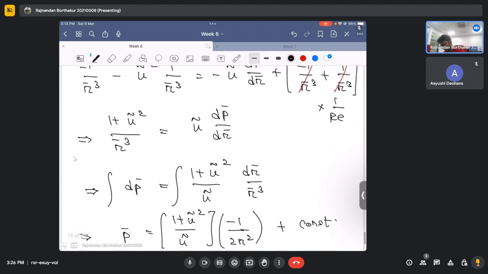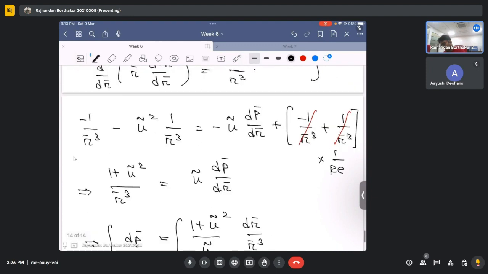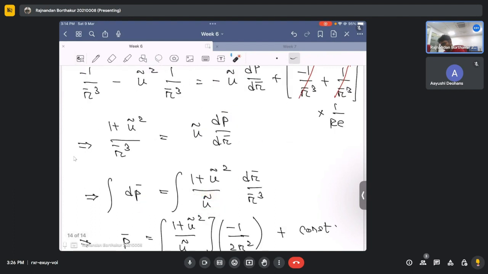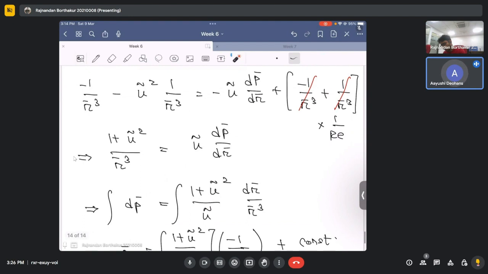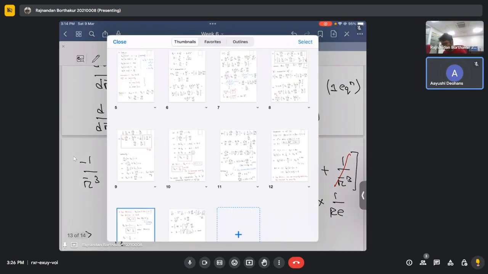Okay, let's check. This u tilde came from here, right? This goes down, that's why this u tilde. The dp bar by dr bar is multiplied by u tilde squared. Okay, there is a u tilde squared here, I didn't see that. Let's check it out.